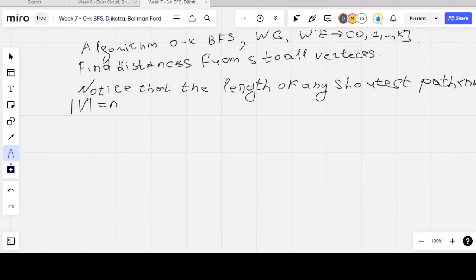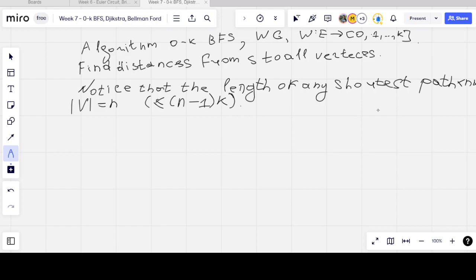Because if we have n vertices, in that case we have n minus 1 edges, and it will just be a bamboo graph, and in this graph the worst case weight will be (n minus 1) times k.